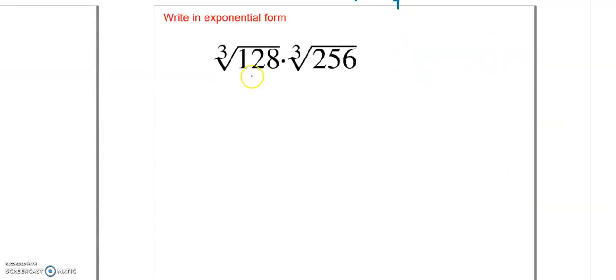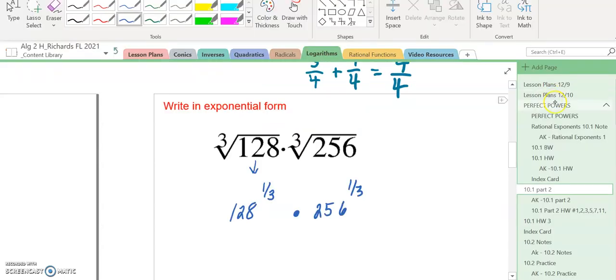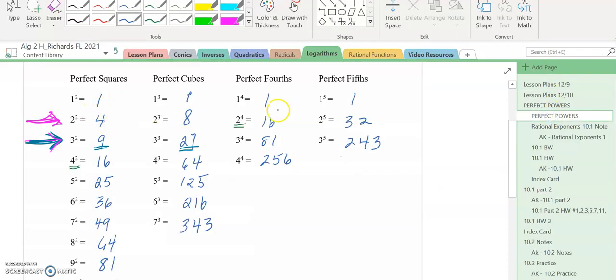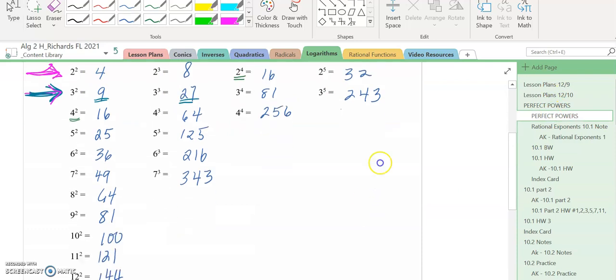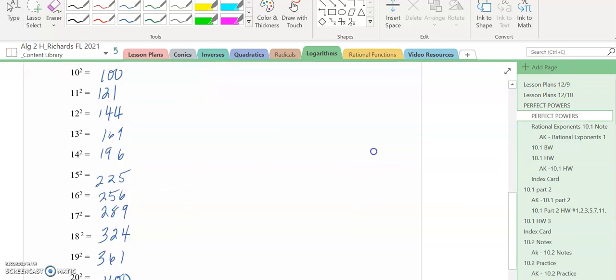All right. Hopefully you did. 128 to the 1/3, 256 to the 1/3. We are multiplying them, but we want to make them smaller. So 128, the problem with our perfect powers is it really doesn't go too high on the twos.